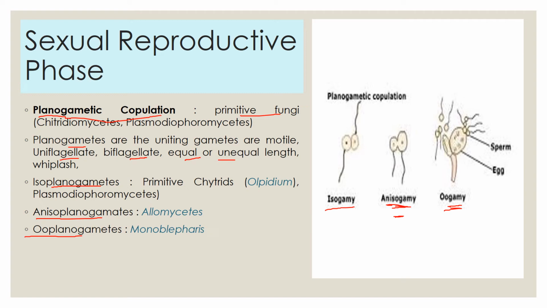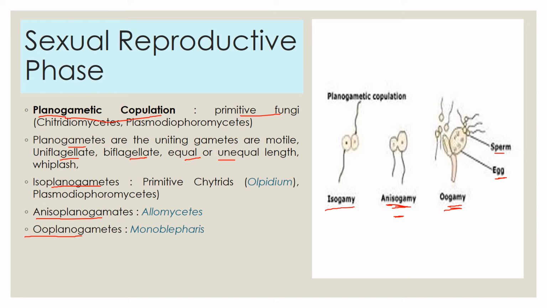Here we see that the female gamete is a very large and non-motile cell, but the male gamete is a very small, flagellated, motile cell. So this type of gametic fusion is called oogamy.